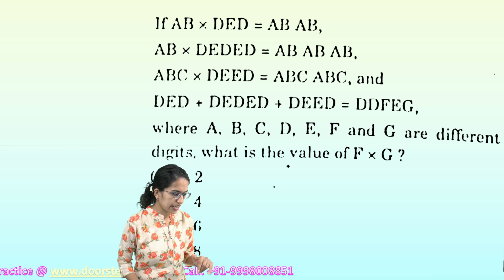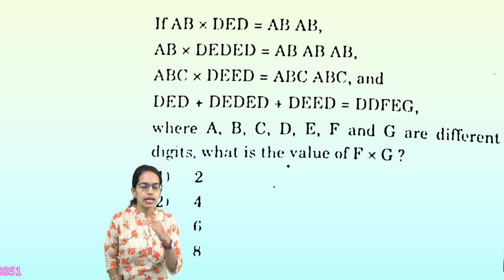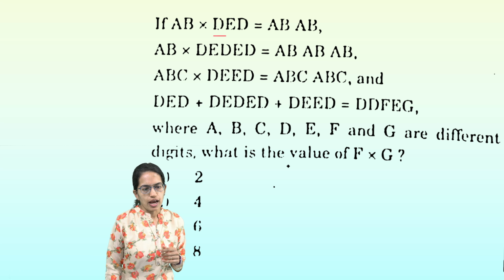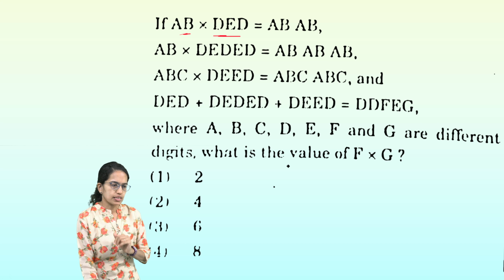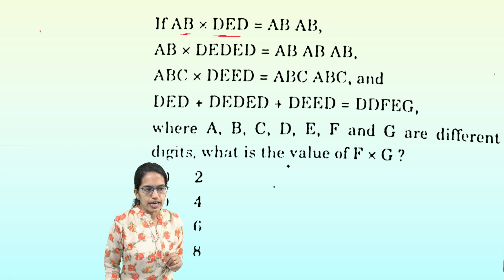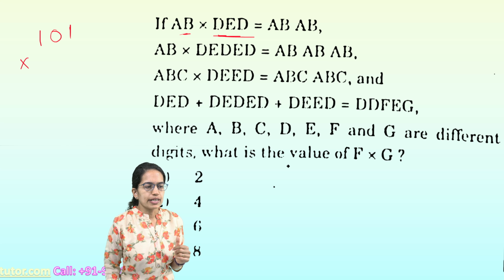So, one of the questions here is AB multiplied by DED gives AB. Now DED should be such that either of these numbers should be 1 in order to preserve this AB status, right? So let me consider D as 1, E as 0 and D as 1. So I take DED as 101 and then I multiply it with AB.